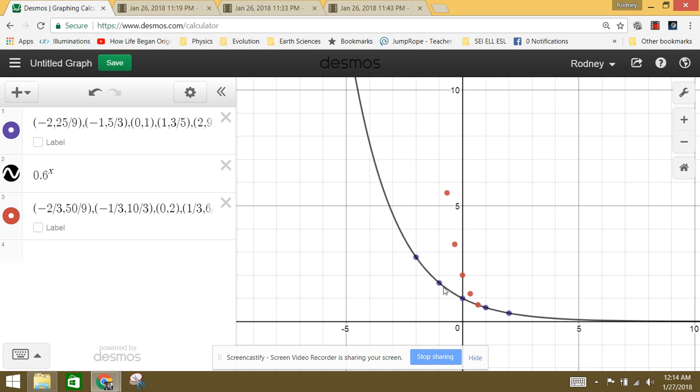So from here to here, I've got this point and this point. That's a 2/3 distance. But from here to here, that's a 4/3 distance. From 2 to 3 and a third is 1 and a third, or 4/3.